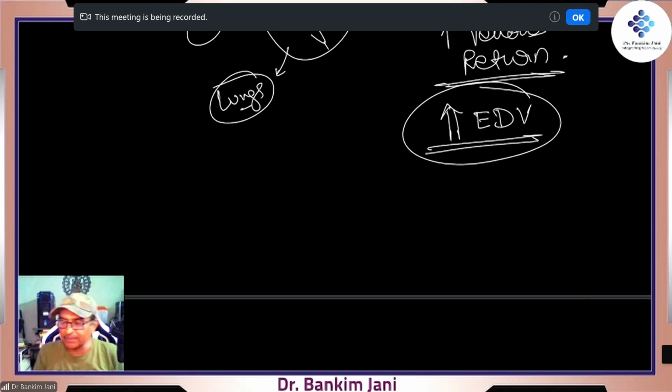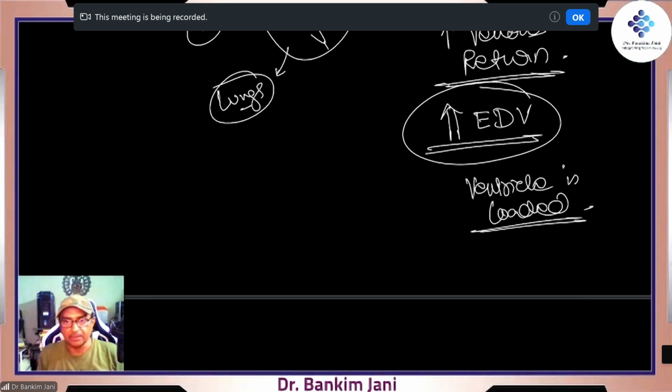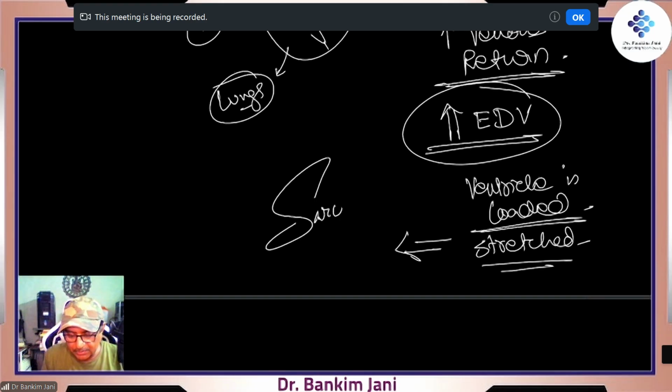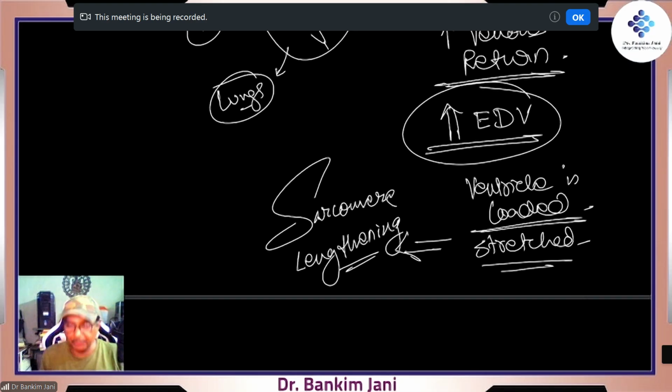So it makes total sense that when end diastolic volume is increased, the ventricle is loaded and stretched. When it is stretched, this is what is called sarcomere lengthening. The myofibrils are stretched. When they are more stretched, they will be contracting with more power. And that thing is called increased contractility.